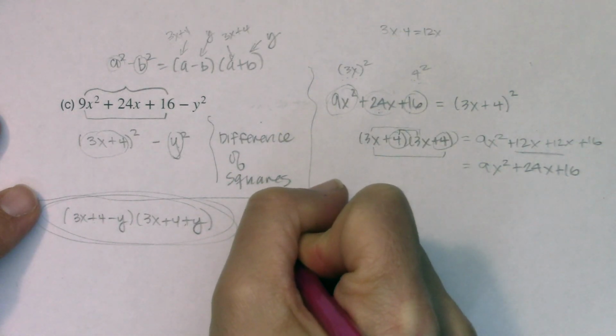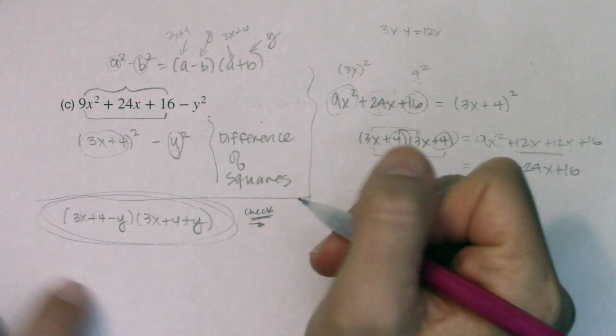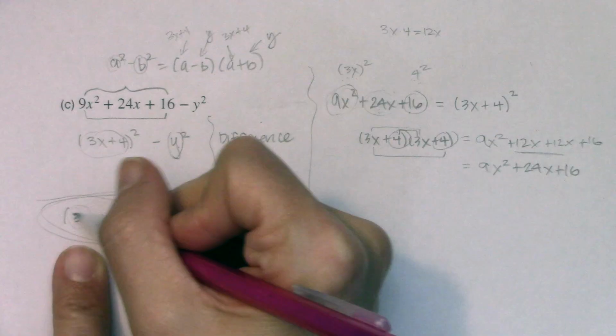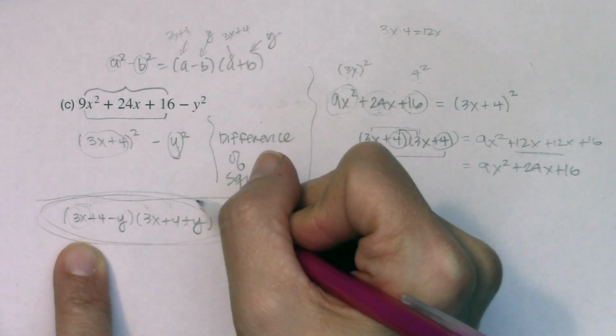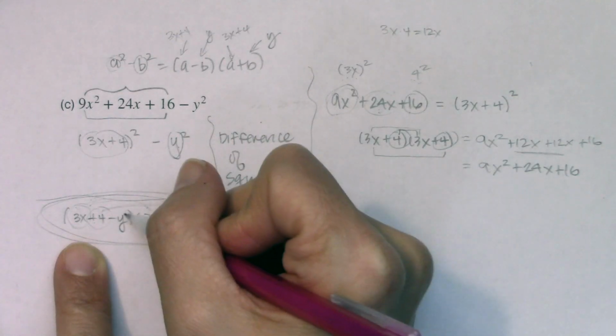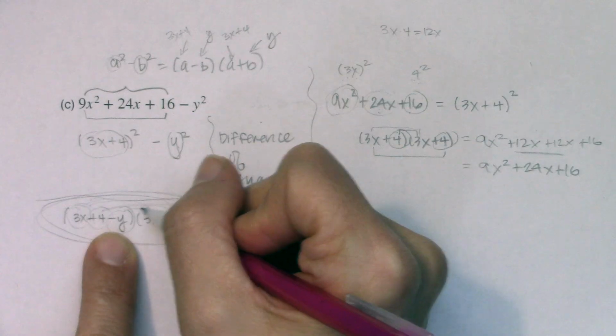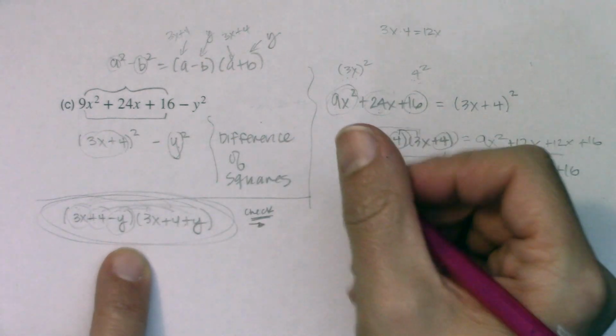So if I wanted to check myself, what you need to do is distribute. You need to multiply the 3x to the 3x, the 4, and the y. Then multiply the 4 to the 3x, the 4, and the y. And then multiply the negative y to the 3x, to the 4, and to the y. So you've got to do these 3 terms times these 3 terms.